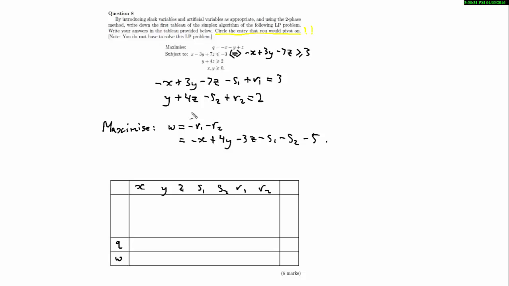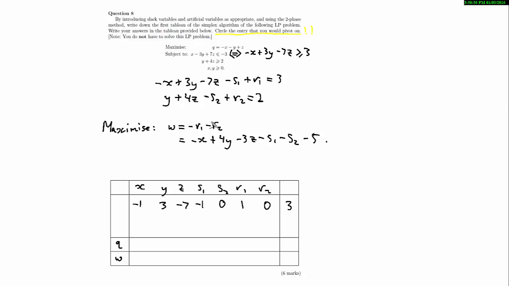Okay, so firstly we'll use this first constraint to write in the first row of our tableau. So we look at the coefficients in front of each of these variables. So we have minus 1 for x, 3, minus 7, minus 1, 0, 1, 0, and 3 at the end there.